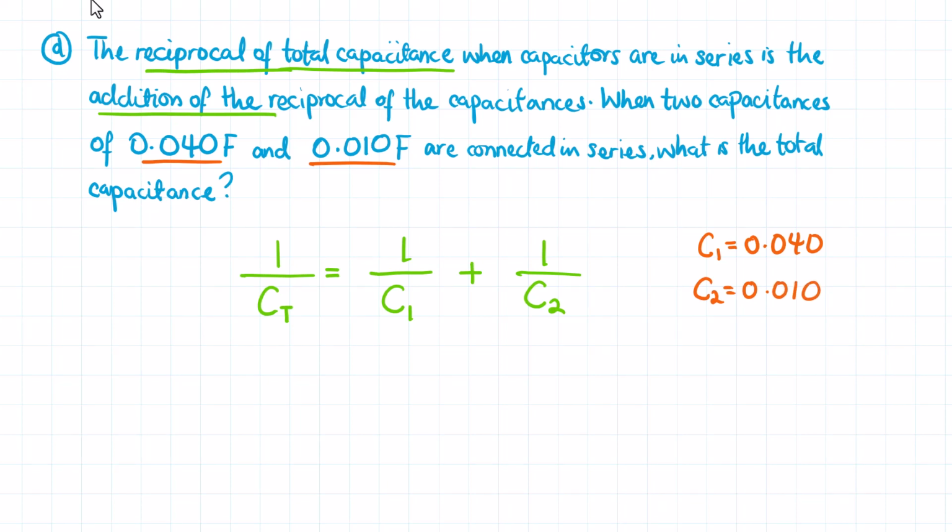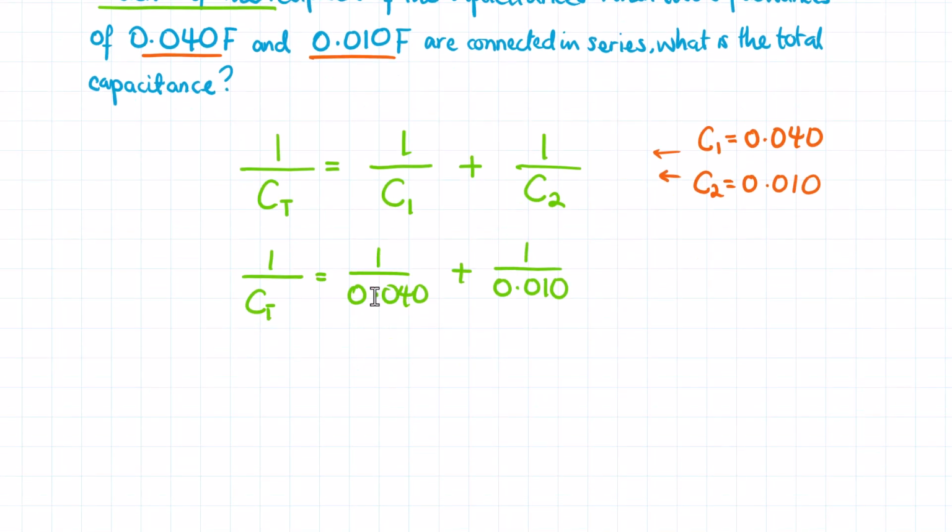That means we put them into this equation, so we have 1 over the total capacitance equal to 1 over 0.040 plus 1 over 0.010. Now take note that since the denominators are in decimal form, we'll transform them to fractions.